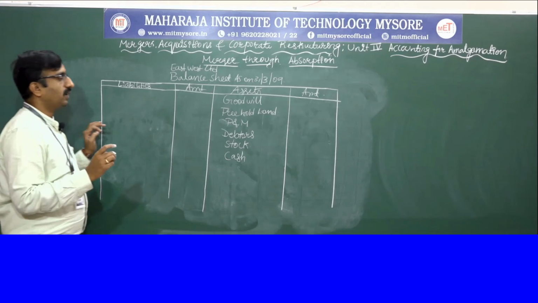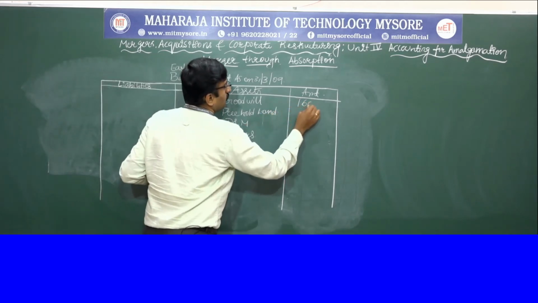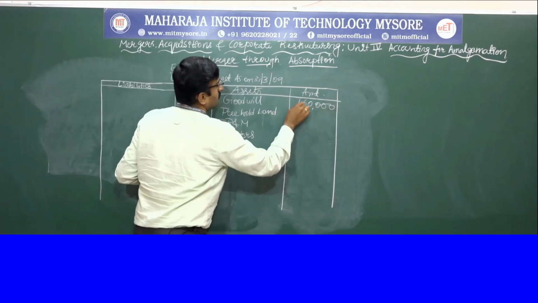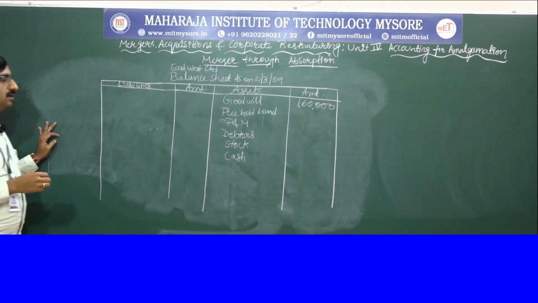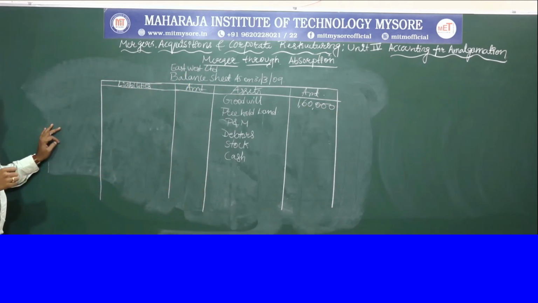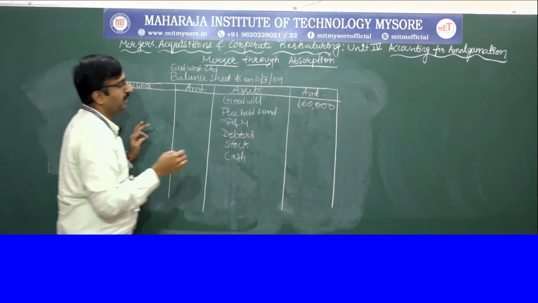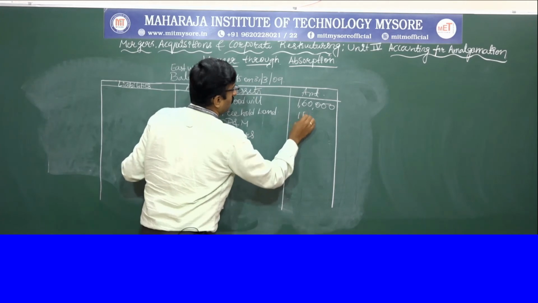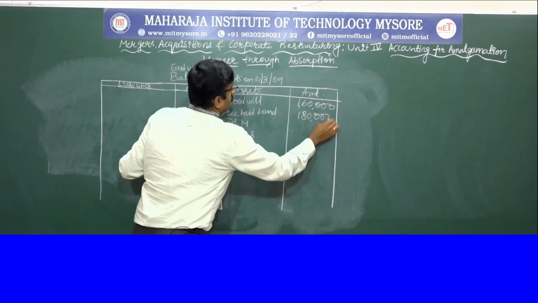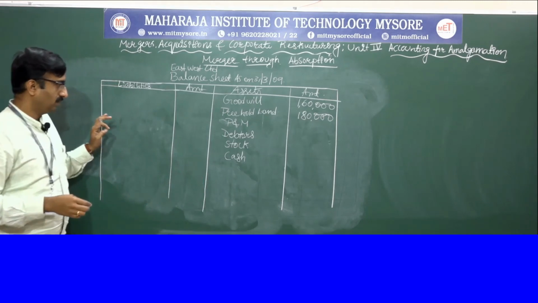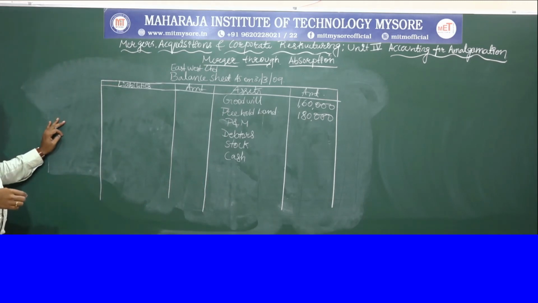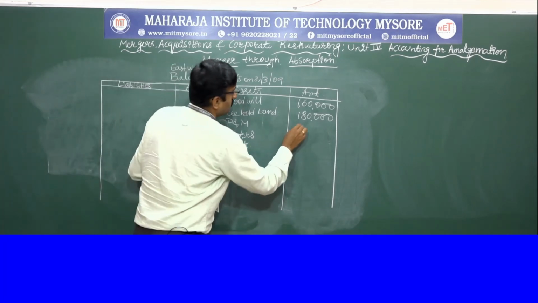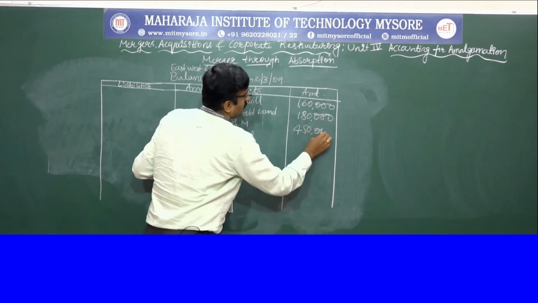Goodwill put together is 1,60,000. Then freehold land: we do not have it in West Limited, only in East Limited, that is 1,60,000. Then plant and machinery put together: 2 lakh and 2,50,000 together is 4,50,000.